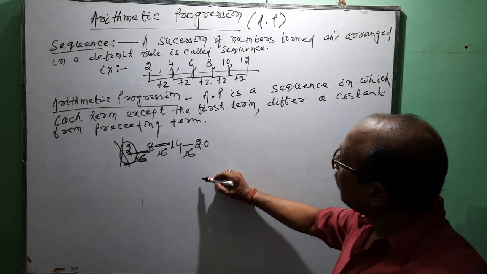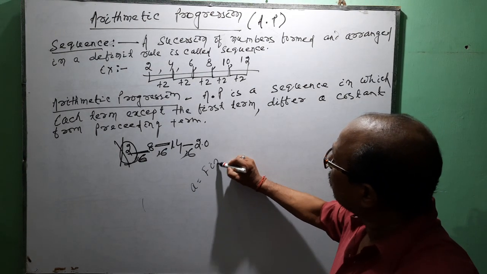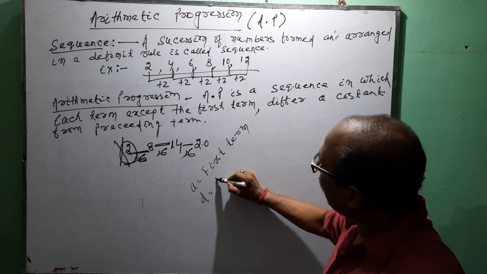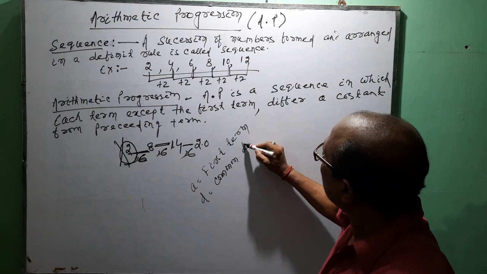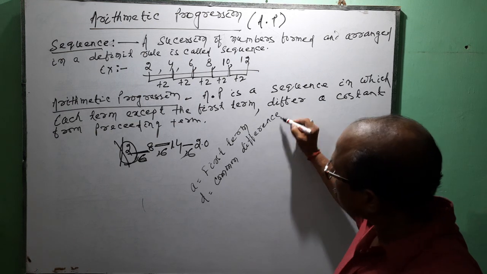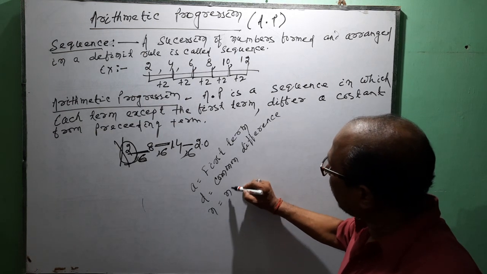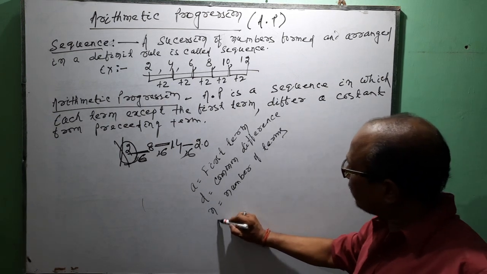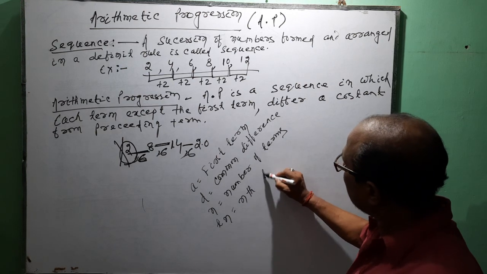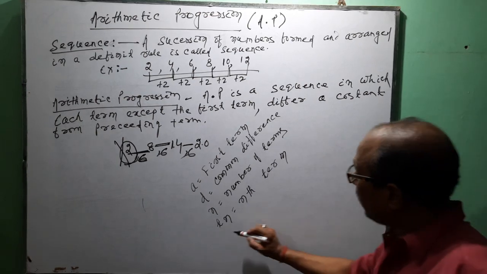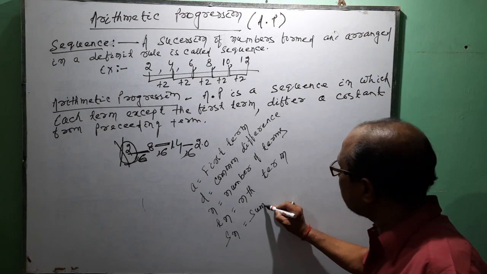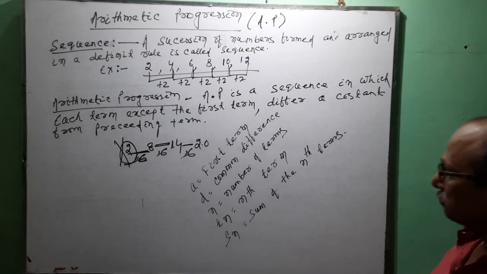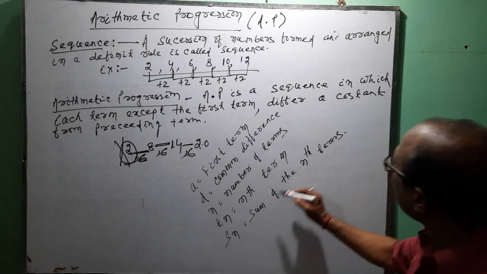Suppose a is the first term, d is the common difference, n is the number of terms, Tn is the nth term, Sn is the sum of the n terms.